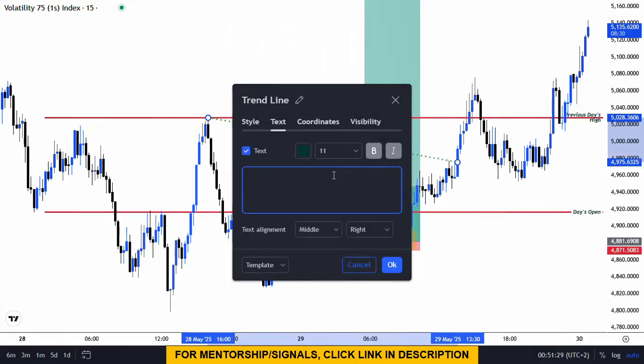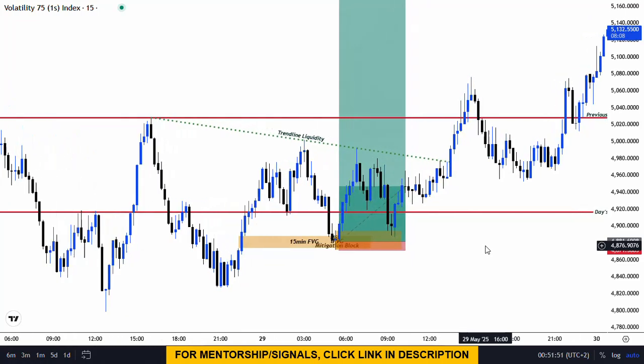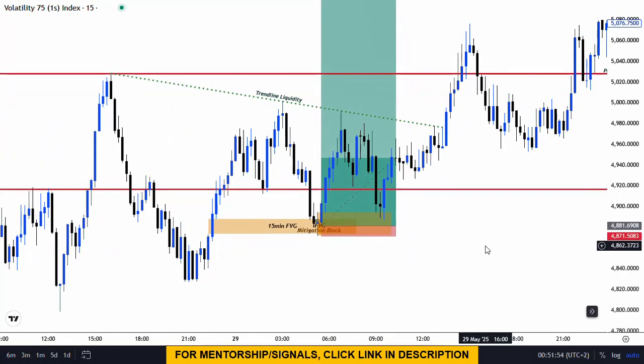So what you have is trend line liquidity up there. That's going to give you more confidence. I keep on saying, don't just look at one thing and just go for it. You need multiple things to give you confidence to enter trades. That confidence doesn't just come from nowhere.